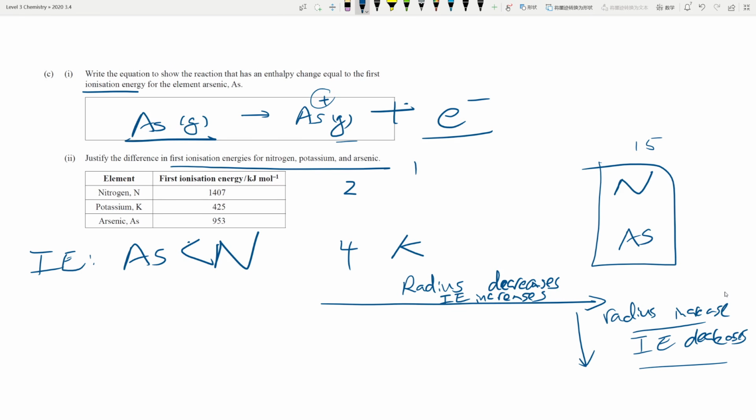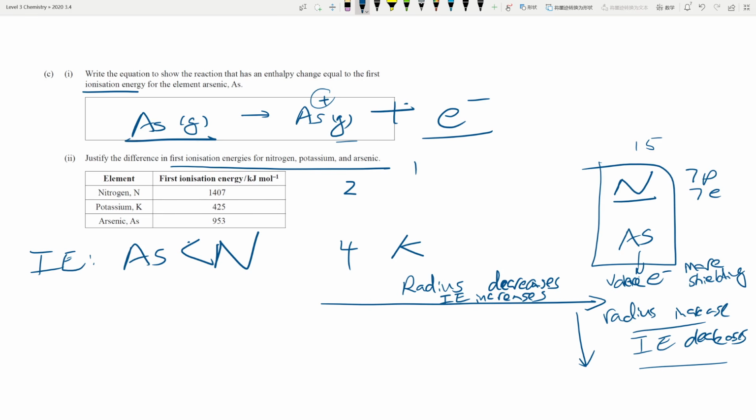Nitrogen has 7 protons, 7 electrons, and arsenic has way more protons and electrons, but arsenic has electrons in higher energy levels, so there's more shielding. Valence electrons are shielded by inner shells because there are more energy levels. So these valence electrons are shielded more, they're further away, so it's easier for them to escape.